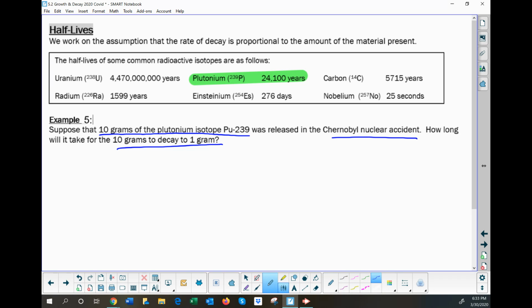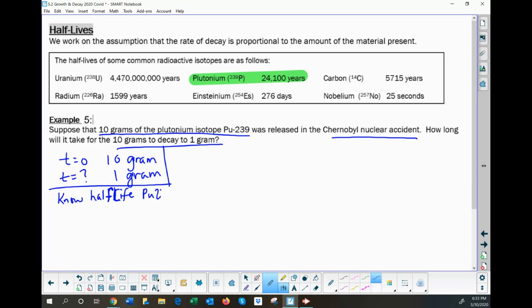All right, so at time 0, I have 10 grams. What I'm trying to figure out is at what time do I have 1 gram? How many years is that going to take to happen? And I also know the half-life. The half-life of Pu-239 is 24,100.